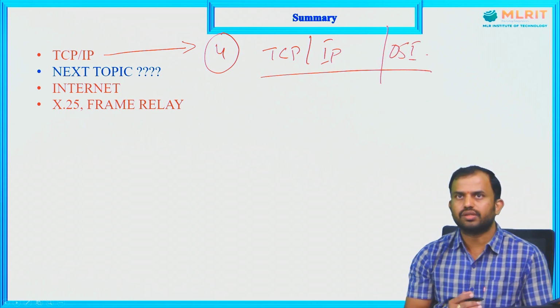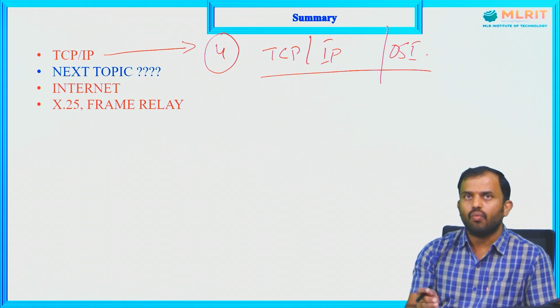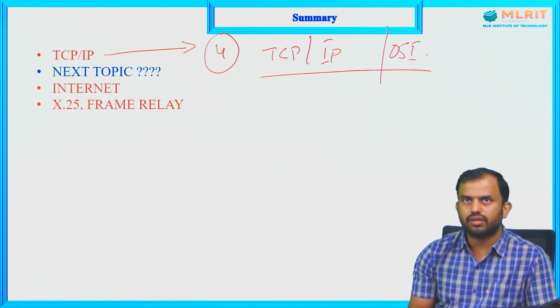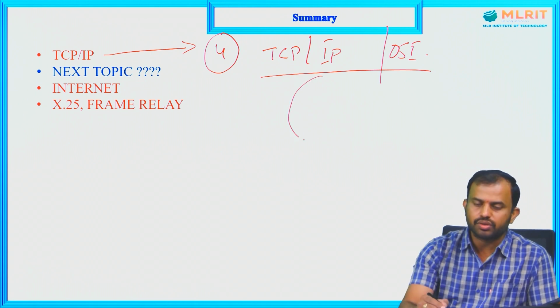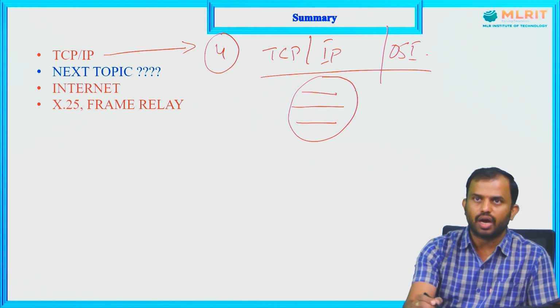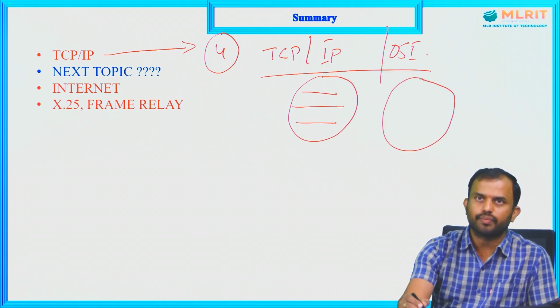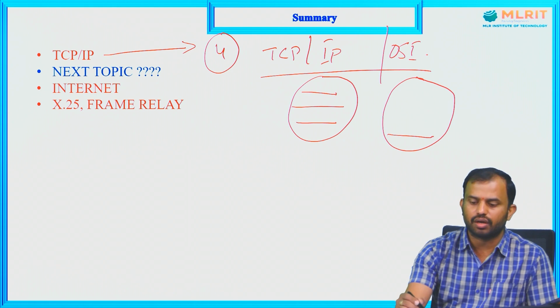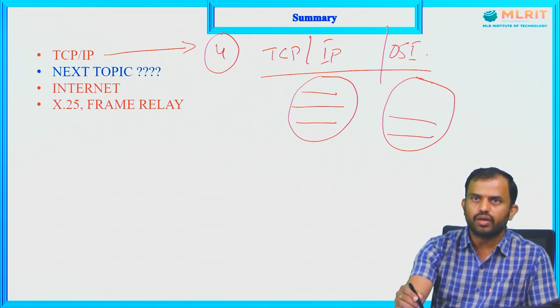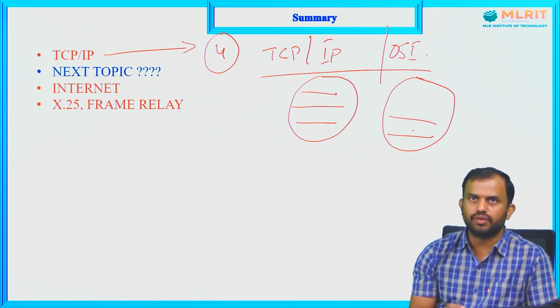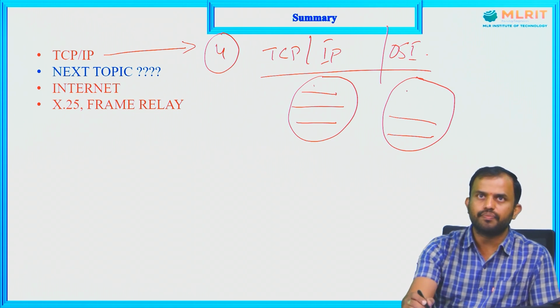These 2 models are similar reference models, but in their construction and architecture, what kind of path and layers we use, and how the layers work differ. If you go for connectionless or connection oriented communication, the architecture and function of each layer is different. That is the major difference between the TCP model and the OSI model.